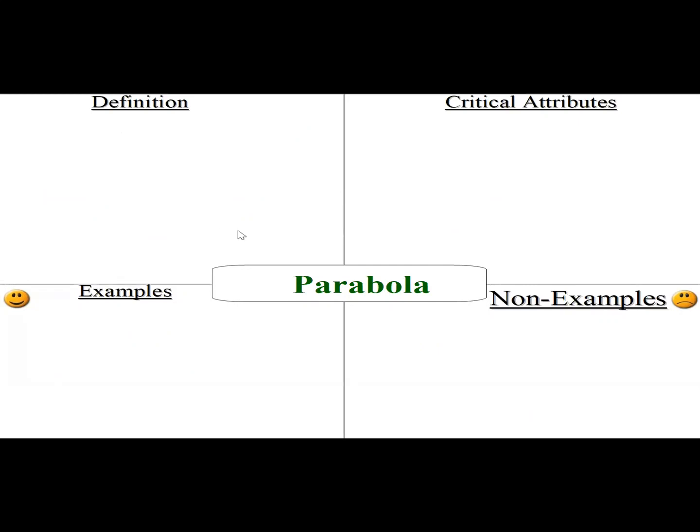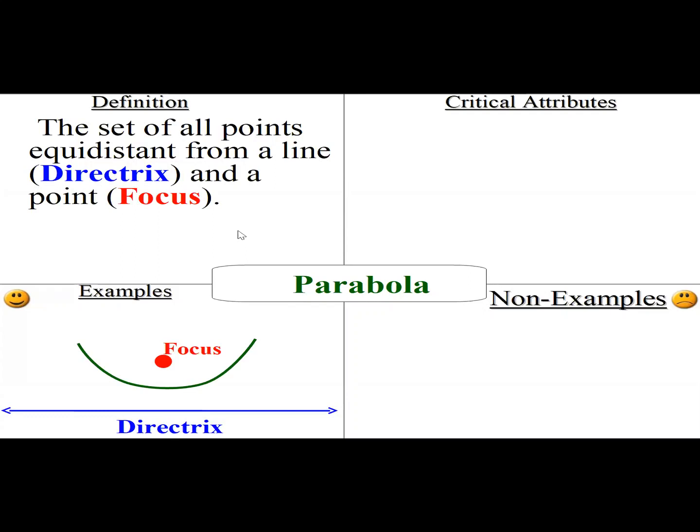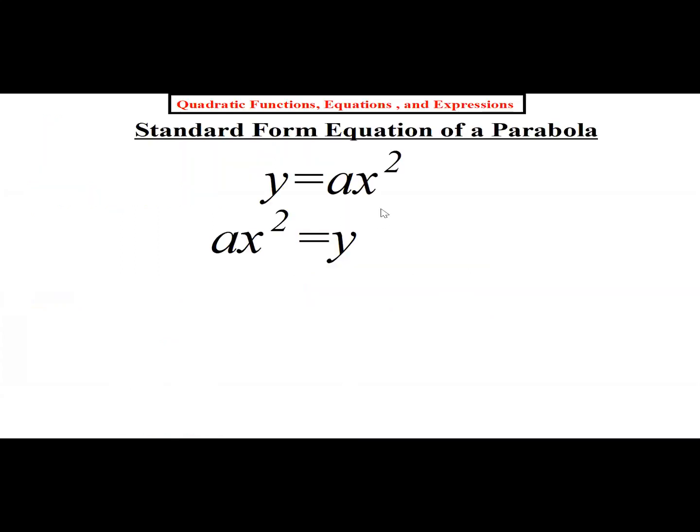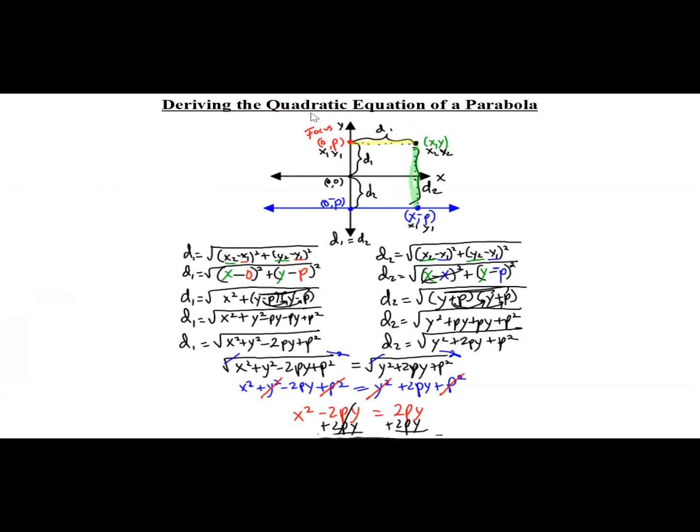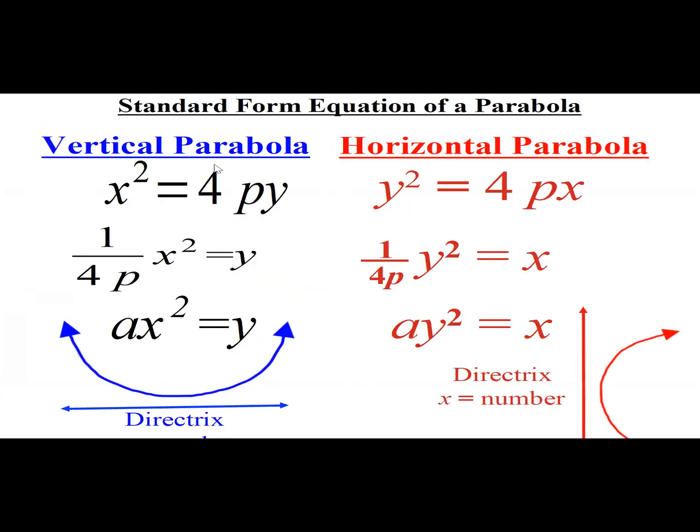All right, so you should have gotten a definition, an example, non-example, and a hashtag on your own. Quick recap: I took you back to the original standard form equation of a parabola. From there, we derived a vertical equation, which was x squared equals 4py. And then we said that we no longer just have a vertical parabola, we also have a horizontal.